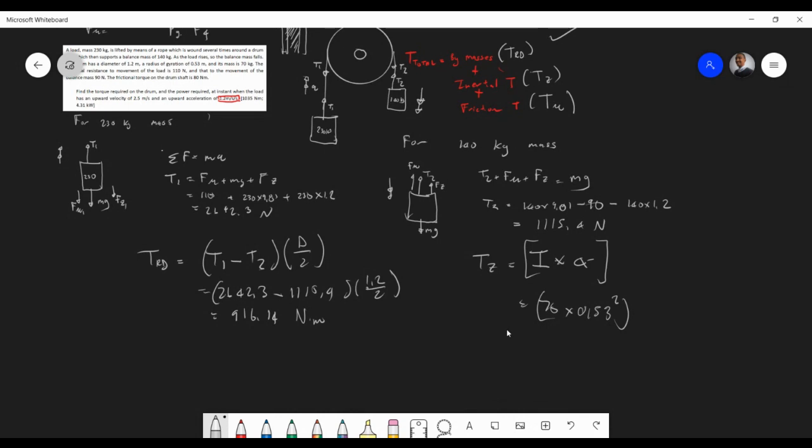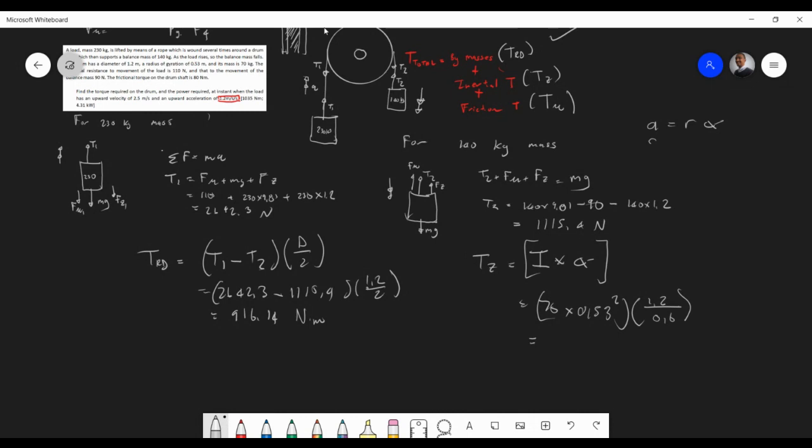What I was mentioning is that there's no slipping here, obviously. So we can relate this, and of course, A equals R times alpha, and we know that's 1.2, and of course the drum's diameter is at 0.6, and then we can get our angular acceleration.